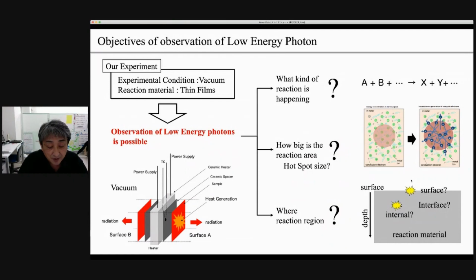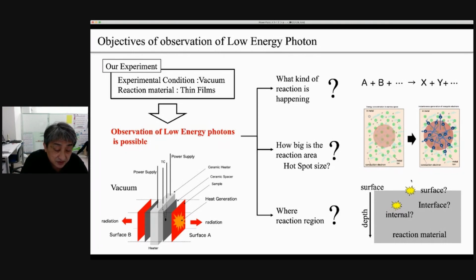Next, I will talk about the aim of low energy photon observations. Our experimental method is characterized by the fact that it is performed under vacuum condition, and that it uses thin films. Therefore, when anomalous heat generation phenomenon occurs, it is possible to directly observe the photon radiation from the surface.